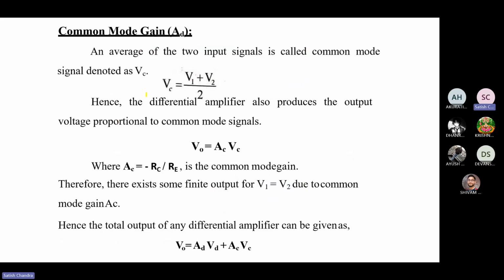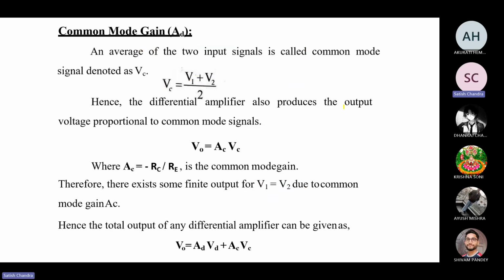When we talk about the common mode, the VC is nothing but V1 plus V2. The differential amplifier also produces an output voltage proportional to the common mode signal. So if there is any common mode type of signal, we are going to attain V out, for the single ended type of output, where AC is minus RC by 2RE, the common mode gain.